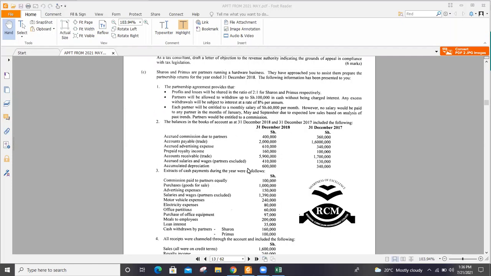Accruals at the beginning, do we less or we add? At the beginning we subtract, at the end we add. Because at the beginning, that means I closed the previous year with the liability for last year.